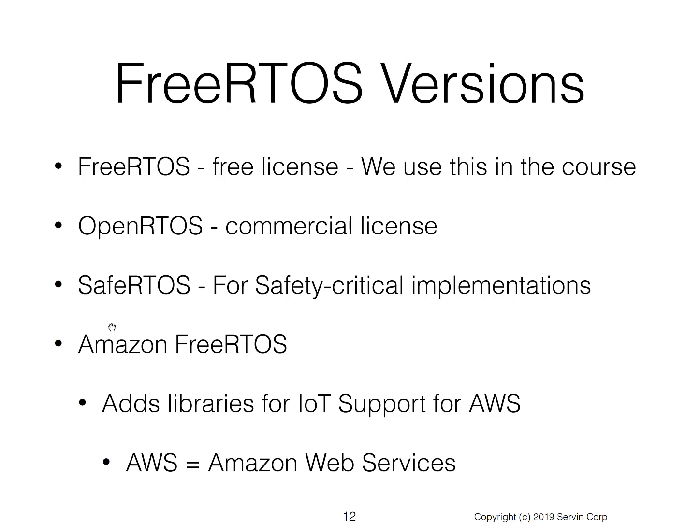Again, all of these have the same features, but it's basically how it's licensed and also where the additional tests are run. And last, within the last few years, there's the Amazon FreeRTOS, and it just adds some libraries. By adding these libraries, you pick up the IoT support in AWS. So with the IoT, the Internet of Things, you can now have your device connect to AWS, or Amazon Web Services.